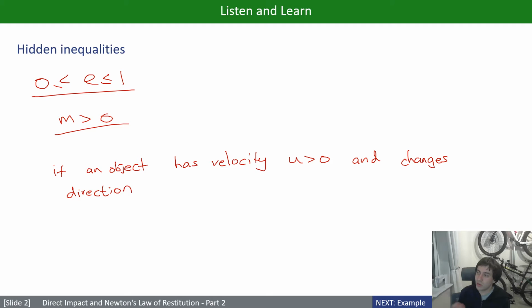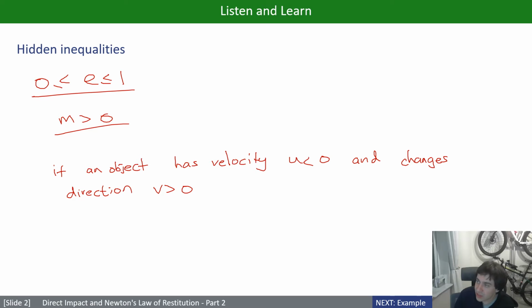So if you had an object and you said its u was greater than 0 and it changes direction, then that means its v is definitely less than 0. Correspondingly, if you were originally told it was, say, going to the left, taking right as positive, then u is less than 0, and if it changes direction, you now know v is greater than 0.